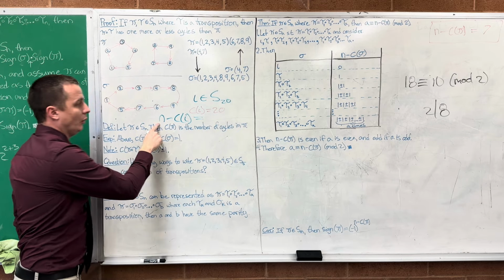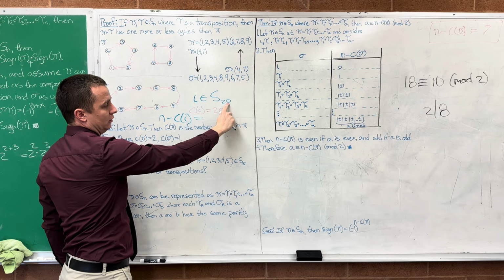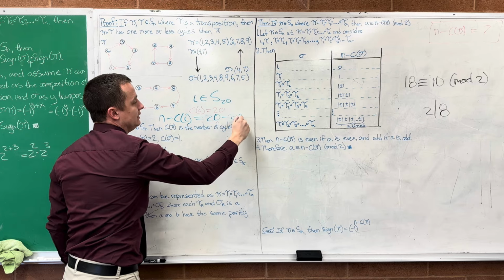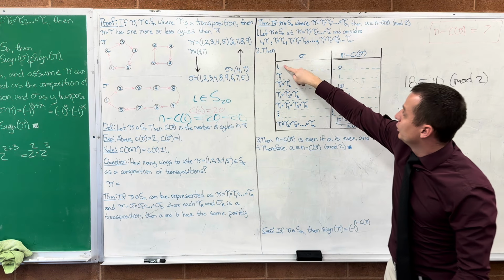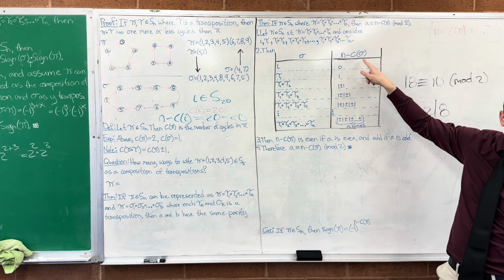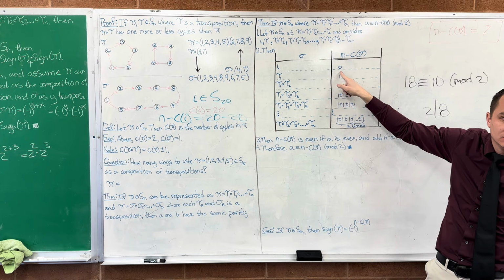What is n? It's the number of elements we're using. How many elements did we use? 20. Minus the number of cycles? 20. And you get a big fat 0. So when the permutation we're talking about is iota, then n minus the number of cycles in it is always and forever going to be 0 for any identity function.